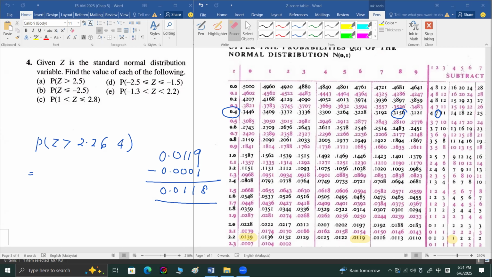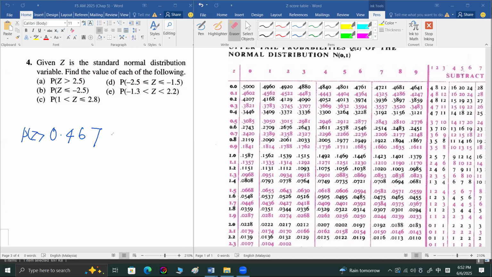Can you see my explanation here? I'll go one more. If I give you, let's say, 0.467.5. Okay, 0.4 here, 6. So 0.46. Now here there is one value only, but I make it 7.5.